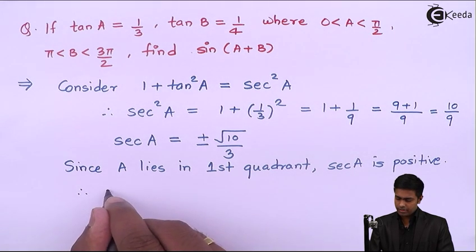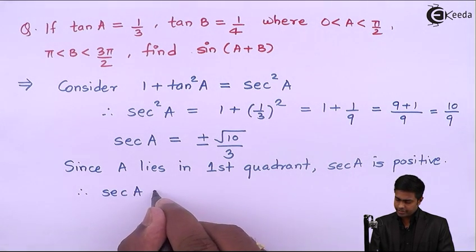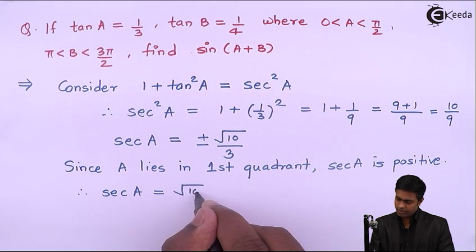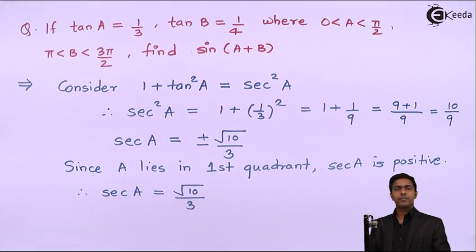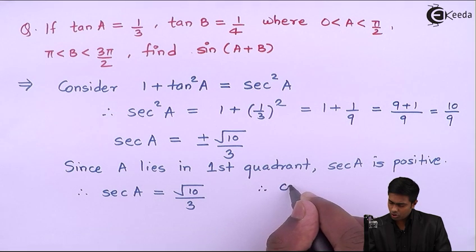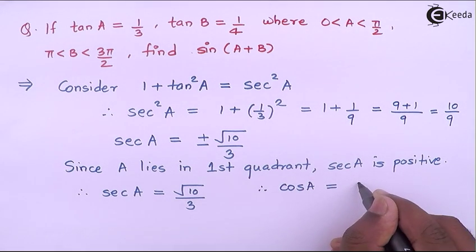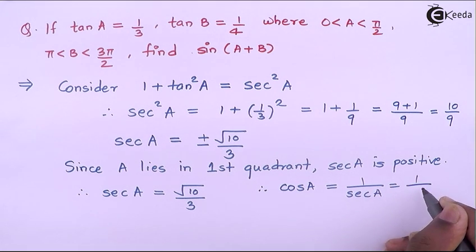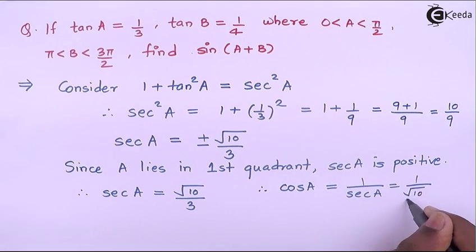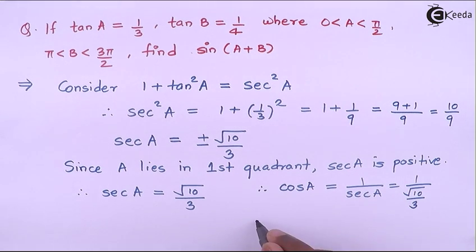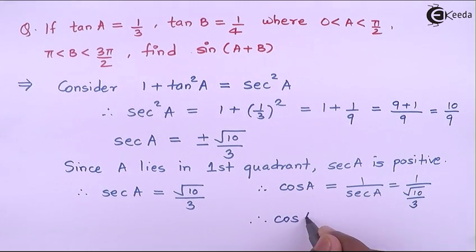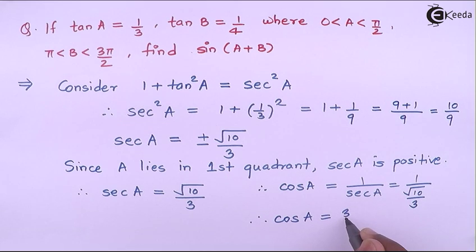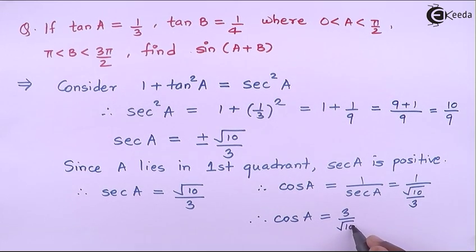Therefore sec A is equal to positive root 10 upon 3. Now from the value of sec A, I will find the value of cos A. Therefore cos A is equal to 1 upon sec A, and that is 1 upon root 10 by 3, or we can say that cos A is equal to 3 by root 10.